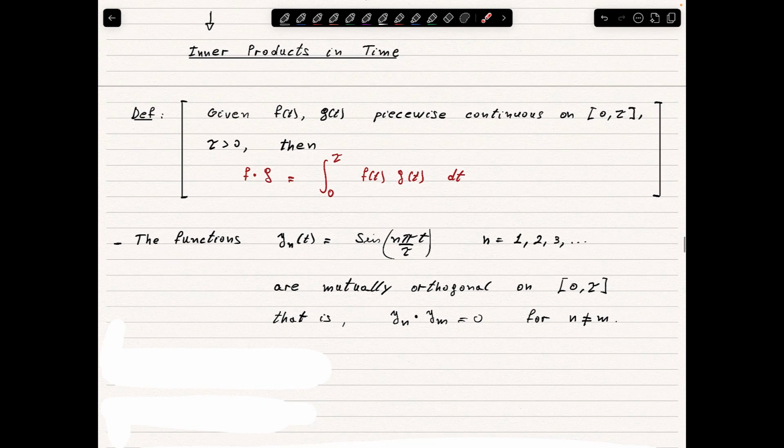Now we are going to introduce a notation. This quantity here, we are going to give it a name. It's going to be the fundamental driving frequency.